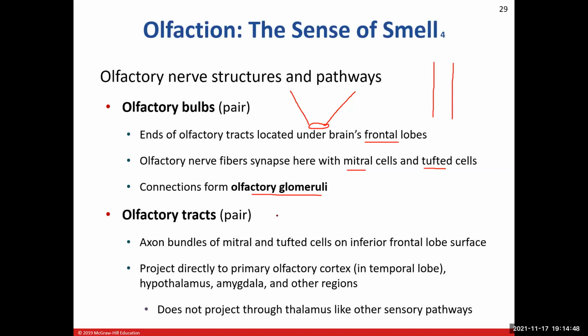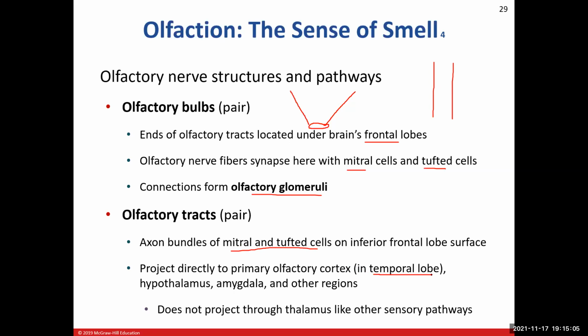So our secondary neurons, our mitral and tufted cells, are going to project posteriorly along the inferior portion of the frontal lobe back towards our temporal lobe, where our primary olfactory cortex is located.